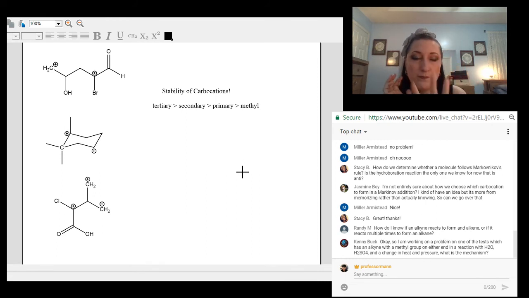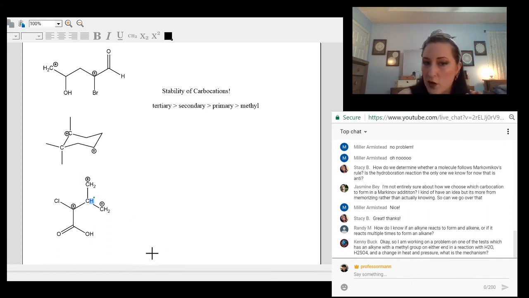Quat means 4, okay? Tertiary is a carbon bound to 3 other carbons. Do I have those on this molecule? Absolutely. One of them is a carbocation, and it's the one right there that I just added on, okay? There's another tertiary carbon right there, but I did not make it a carbocation.